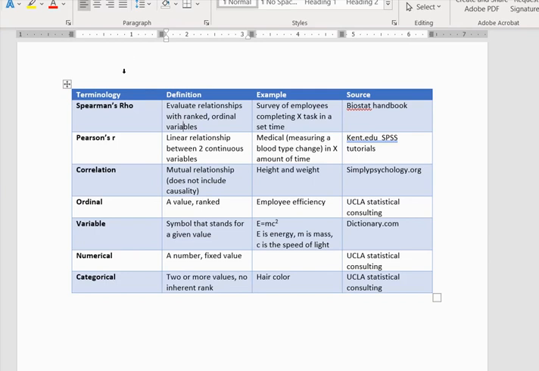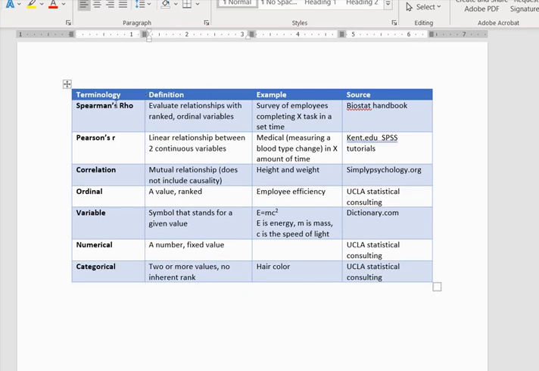So in the chart method, you're going to have one part here, which is your terminology. And so that's what I have here, is I have the terminology that I'm looking for. Now, in my stats class, my terminology went on forever. I had pages of this.